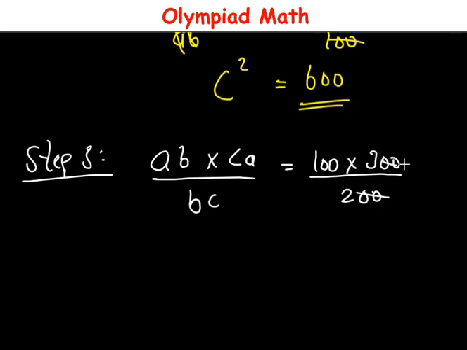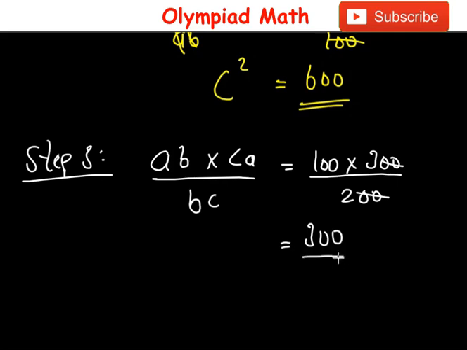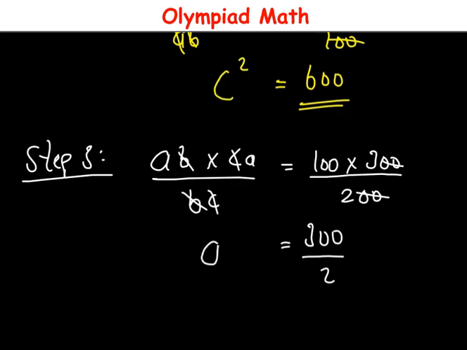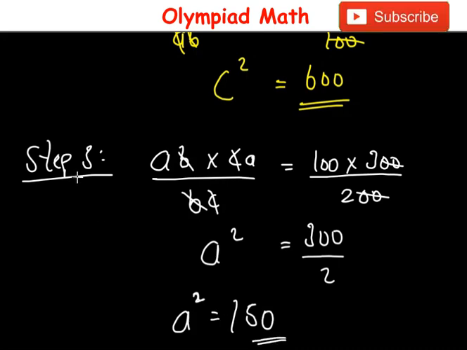This 0 cancels out this 0. This equals 100 times 3 is 300 over 2. Now, B cancels out B, C cancels C, A times A is A squared. From here, A squared is equal to 300 over 2, the value equals 150. So A squared equals 150 for step 3.